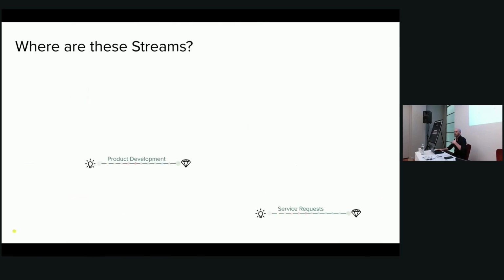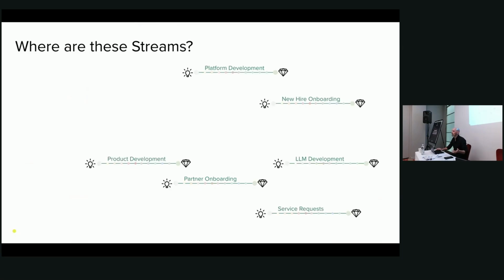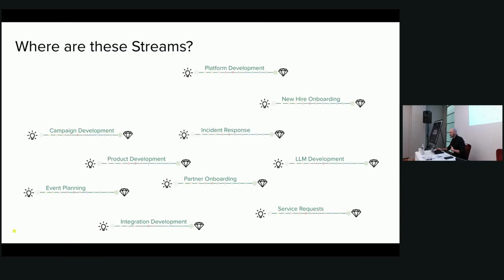In terms of what these look like in organizations, they can be any type of process that really delivers value to customers, whether those customers are inside the business or outside the business. Some of the value streams that I've worked through in the past are things like hiring people, onboarding hires, onboarding partners, doing mergers and acquisitions.